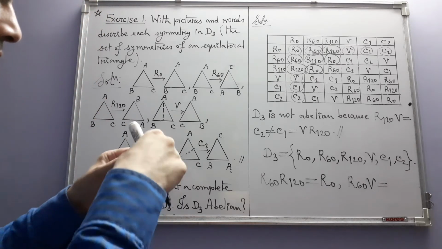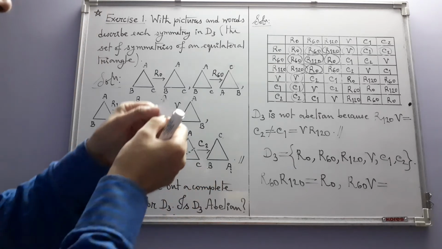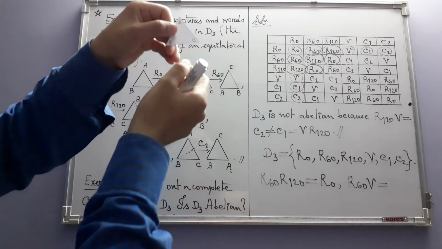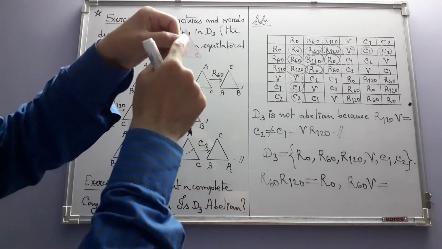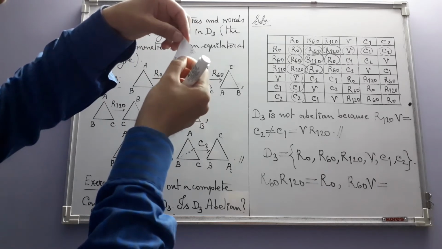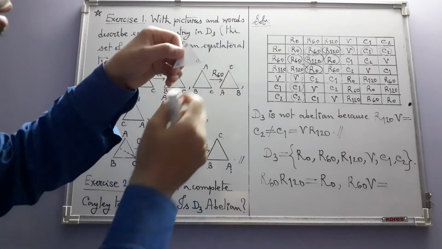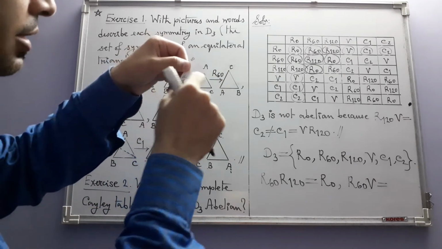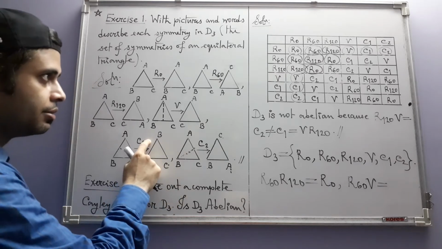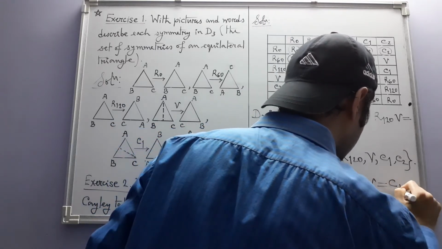First I have to apply V and then I have to apply R60. So first of all, I have to flip, and then rotate. BAC. So this is C1, and that is why R60 V is C1.